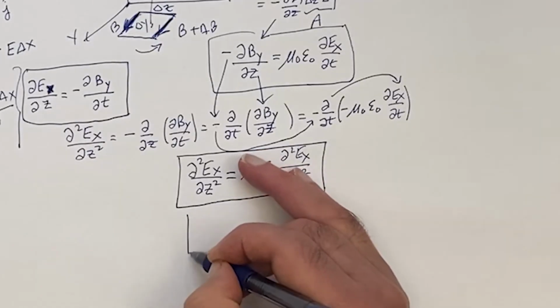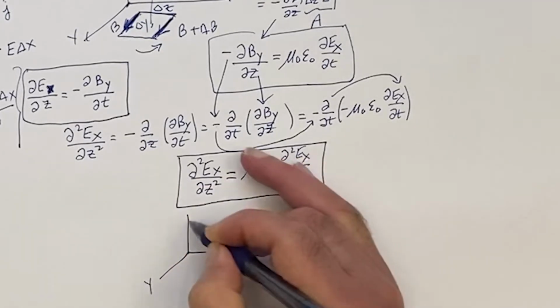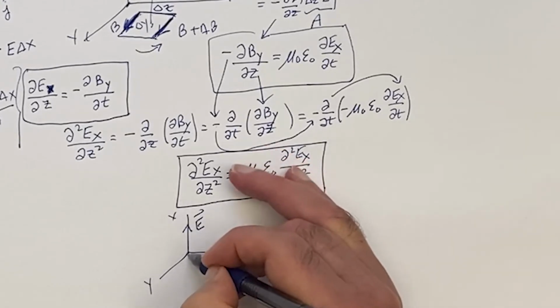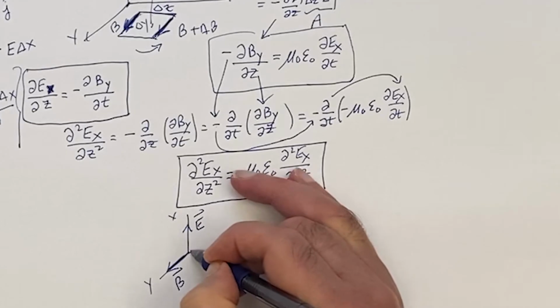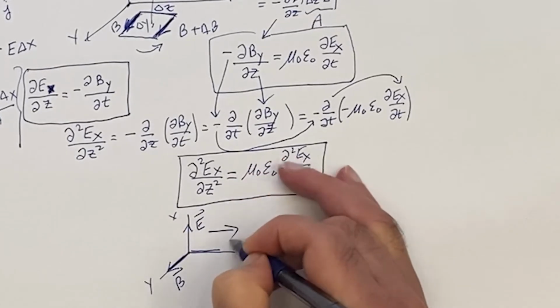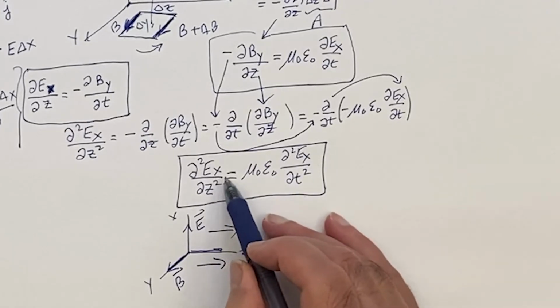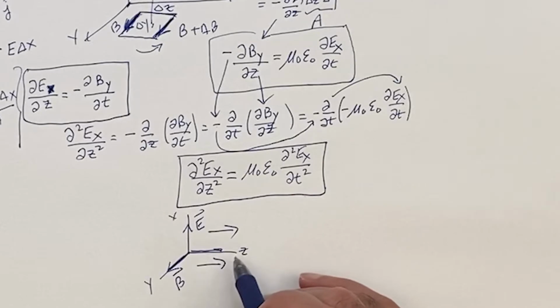So let's put those axes in there again, the y, the z, and the x. Put our electric field along the x and magnetic field along the y, and we're traveling this way. Because this is a wave equation in the z direction, traveling down the road.